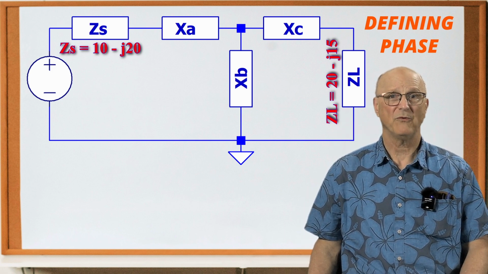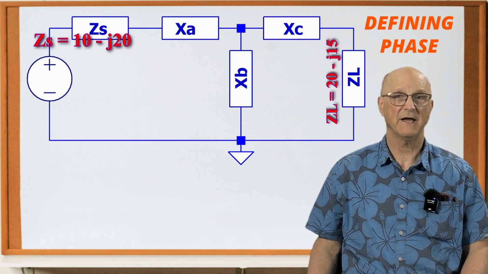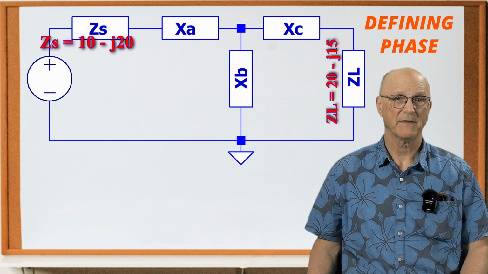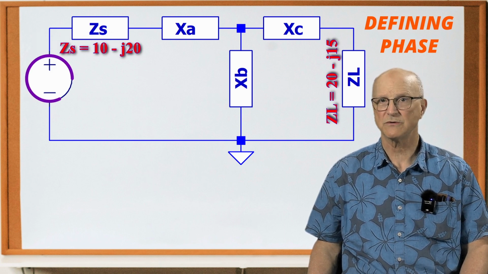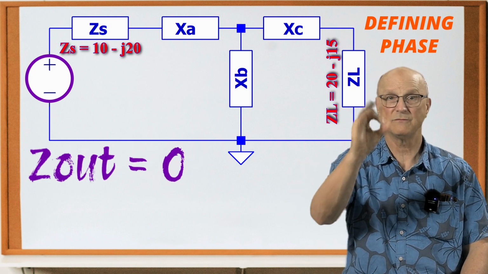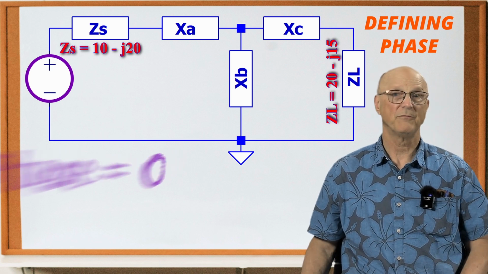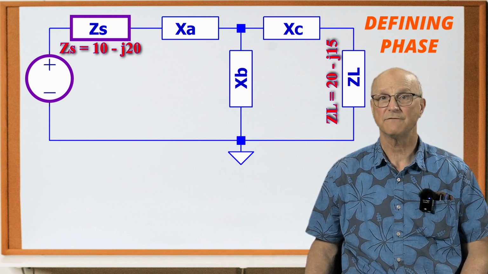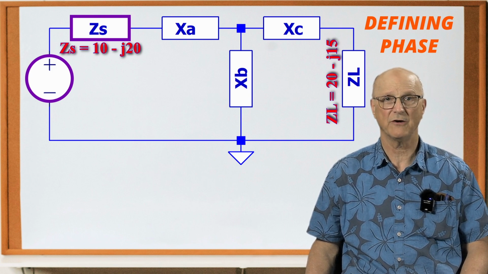Well, in this example, we have a signal source which has an output impedance of 10 minus J20. This signal source consists of a perfect voltage source, which has an output impedance of 0 ohms and a phase of 0 degrees, followed by a series resistance of 10 ohms and a series capacitive reactance of 20 ohms.